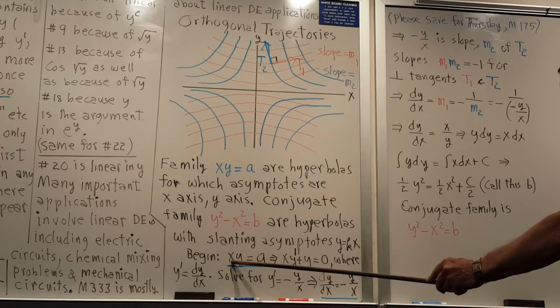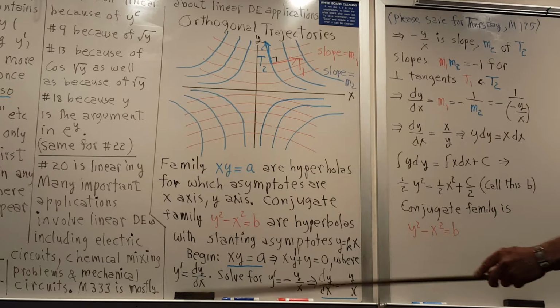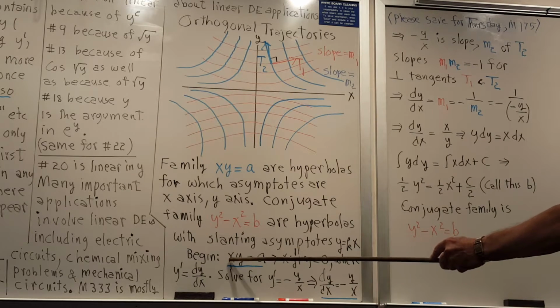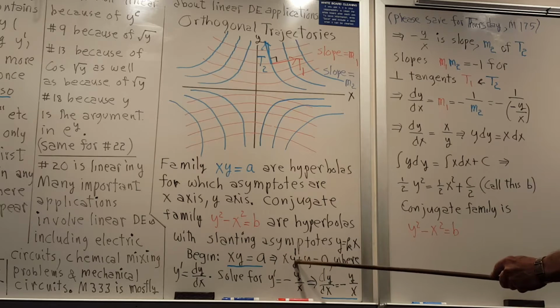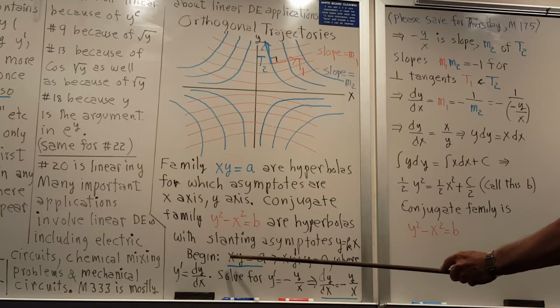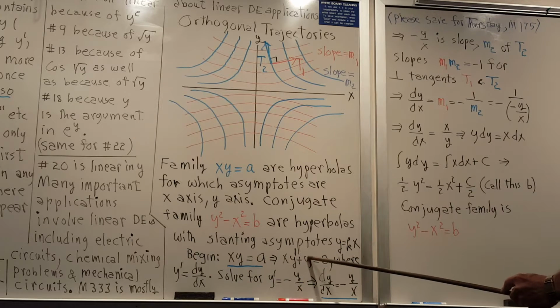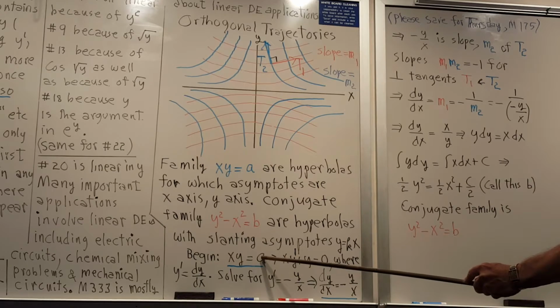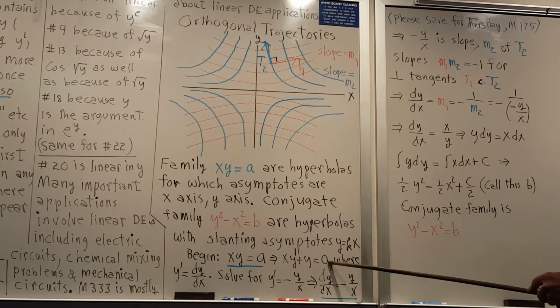So differentiate both sides with x. You're thinking y is a function of x. So product rule. So the left times the derivative of the right plus the right times the derivative of the left, which is 1, and the derivative of the constant is 0. Okay?